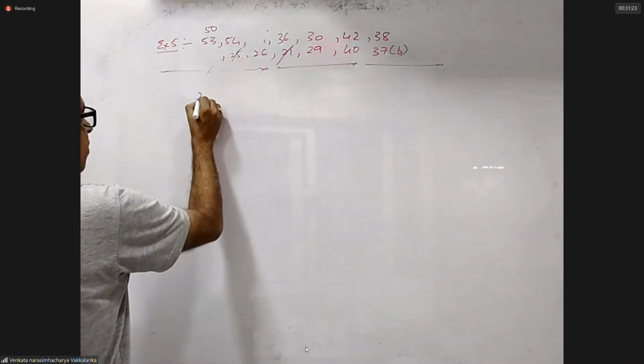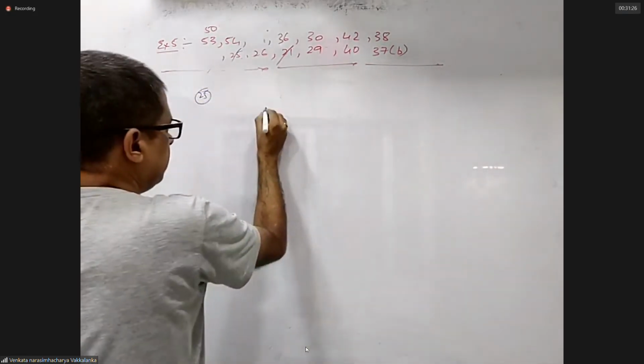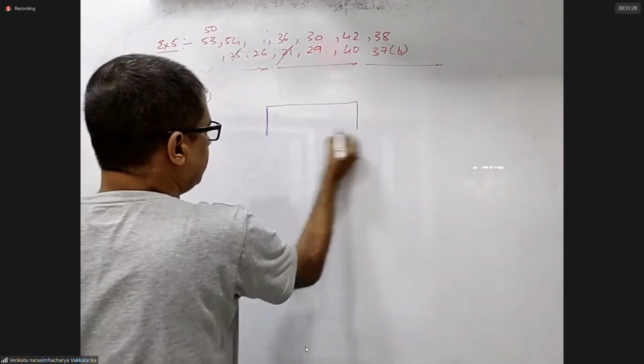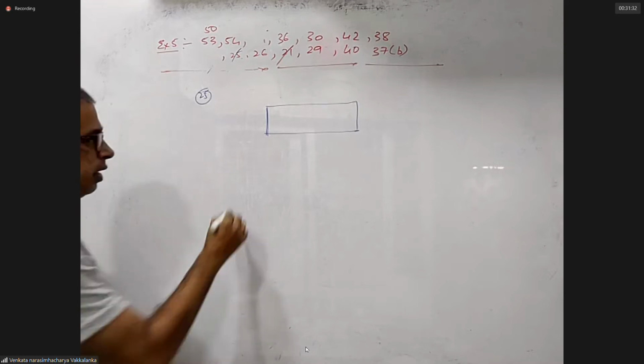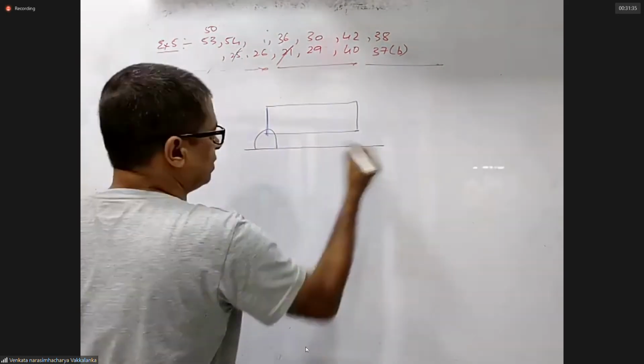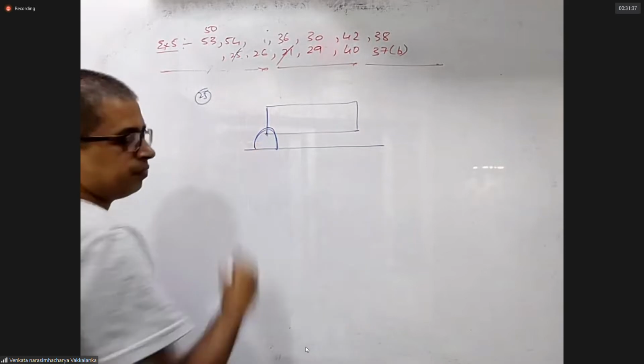So the 25th is a very typically bad problem. This needs help. Have a look at it. You have fixed this way. I am amplifying the diagram. This is the hinge.